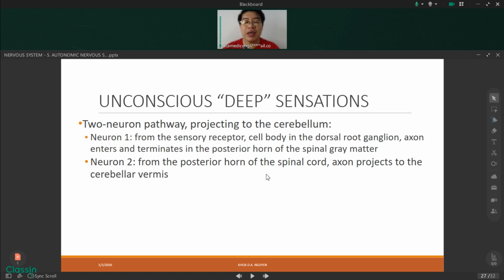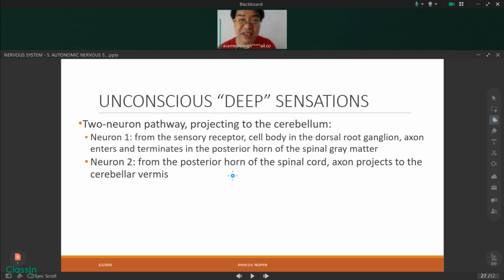One neuron comes from the receptor in the periphery and goes into the spinal cord, where it terminates at the posterior horn, or dorsal horn, of the spinal gray matter. Neuron number 2 comes from the posterior horn and projects to the cerebellum, especially the mid part of the cerebellum, also called the cerebellar vermis.